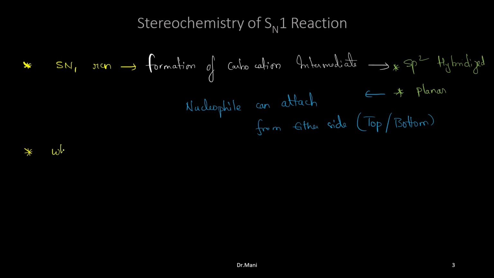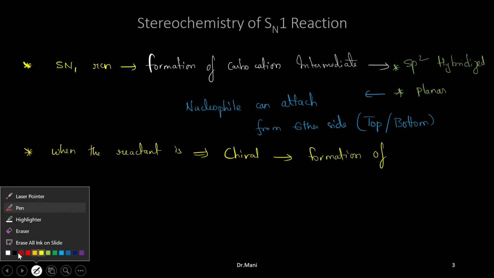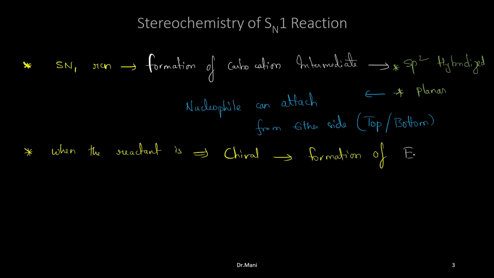So when the reactant is chiral, then there is a formation of enantiomers. What are enantiomers?